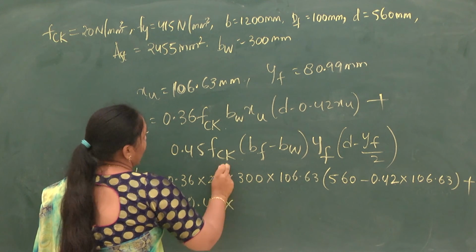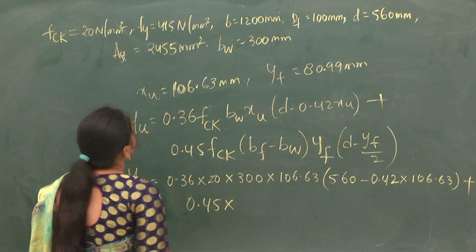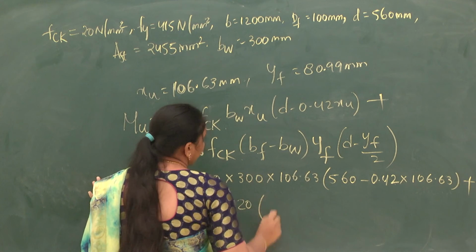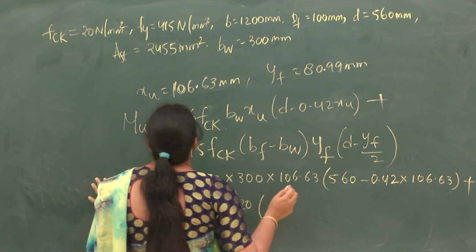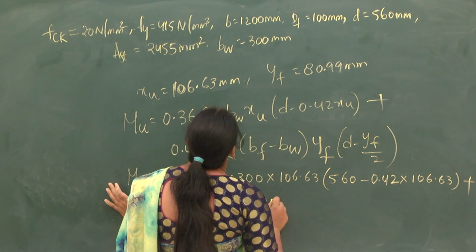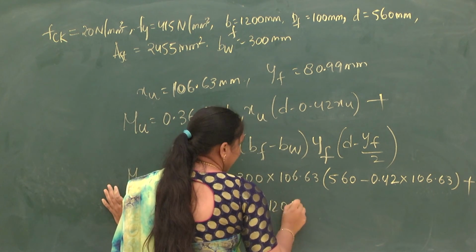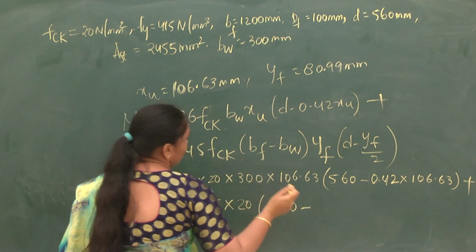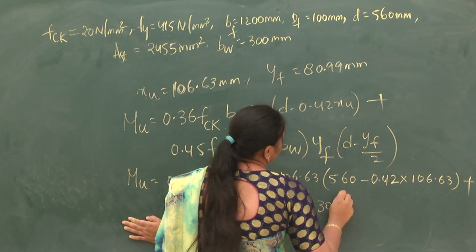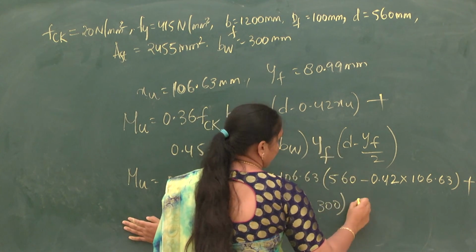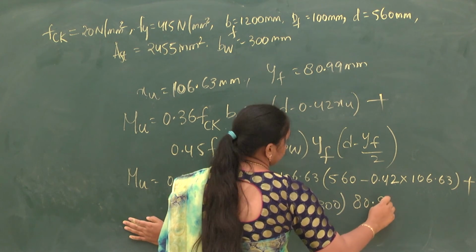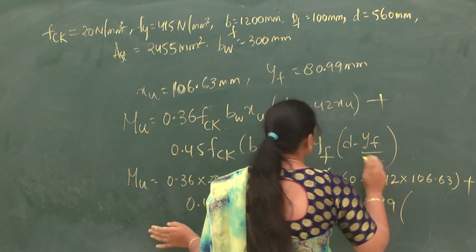Plus 0.45 into fck. What is the value of fck here? It is 20 into bf. What is bf here? bf is 1200 minus bw. What is bw here? It is 300 into yf. What is the value of yf you have calculated? It is 80.99 into d.